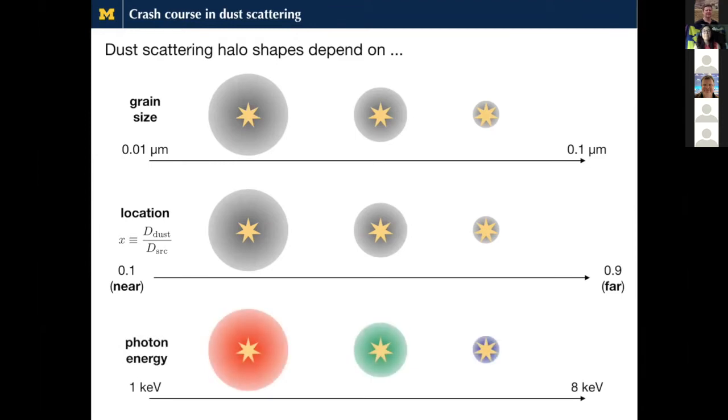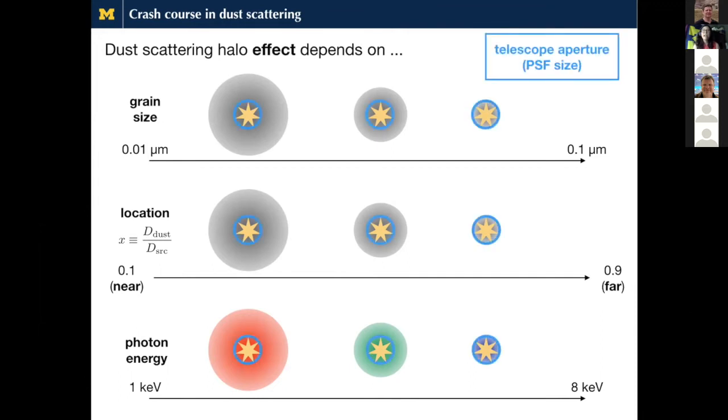And finally, as I mentioned before, it also gets more compact with photon energy. And when you think about it observationally, your telescope has a particular point spread function size or a typical aperture size that you might use to extract the spectrum. And if you plop down that region, you'll quickly see that in some cases, the dust scattering effect is removing light from your point source aperture.